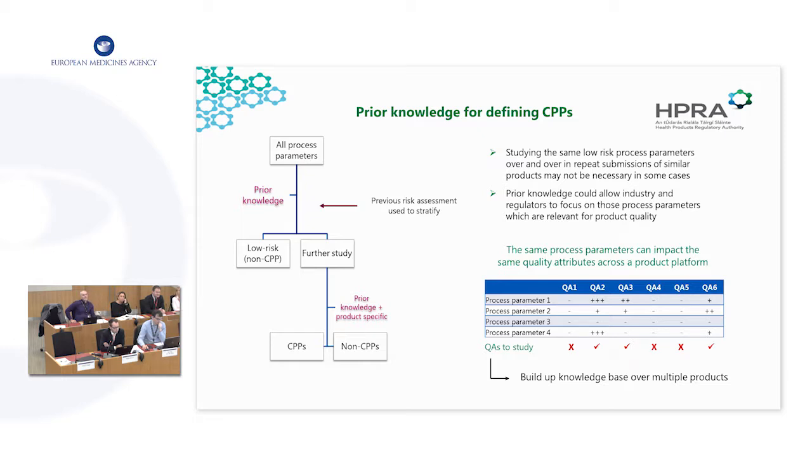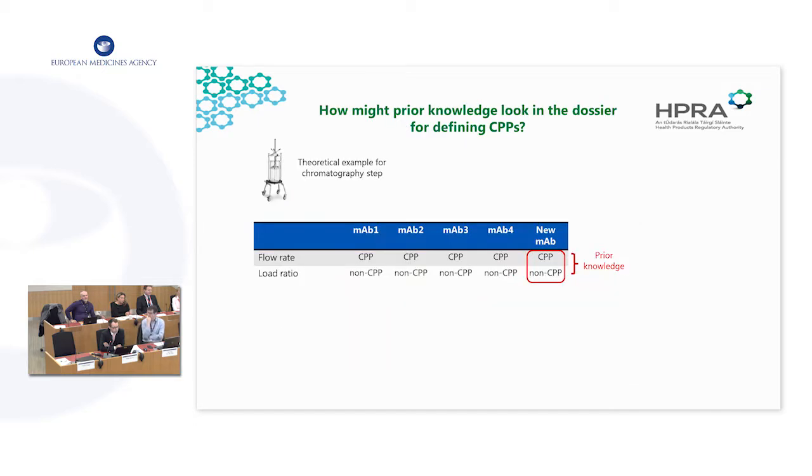As I talked about earlier, you have inputs and outputs. And if you have your platform or your similar products, and you can show that these process parameters always impact these quality attributes, then these are the ones that make most sense to study in the small-scale models. That's a way of deciding up front what attributes you might want to study in the model to decide on criticality versus non-criticality.